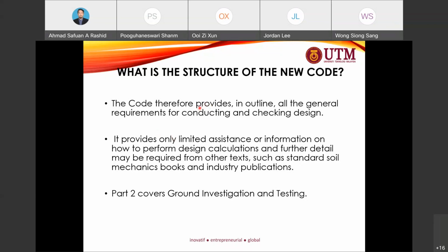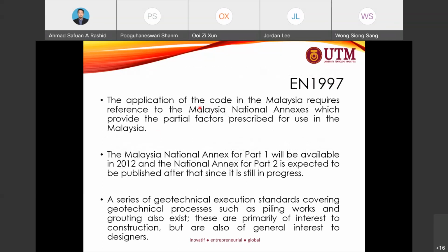Part 2 covers ground investigation and testing. However, as mentioned, Malaysia does not have part 2 yet. The application of the code in Malaysia requires reference to the Malaysian National Annex, which provides the partial factors prescribed for use in Malaysia.